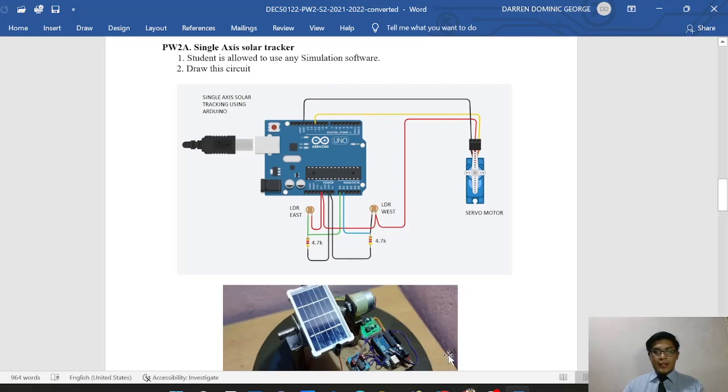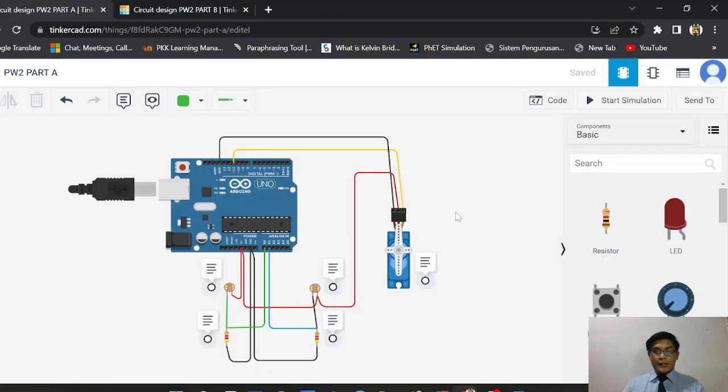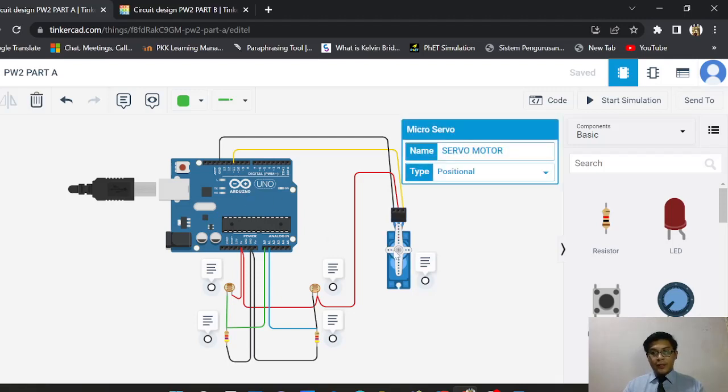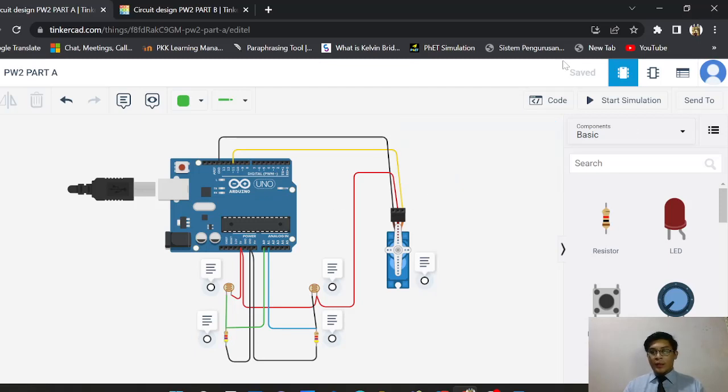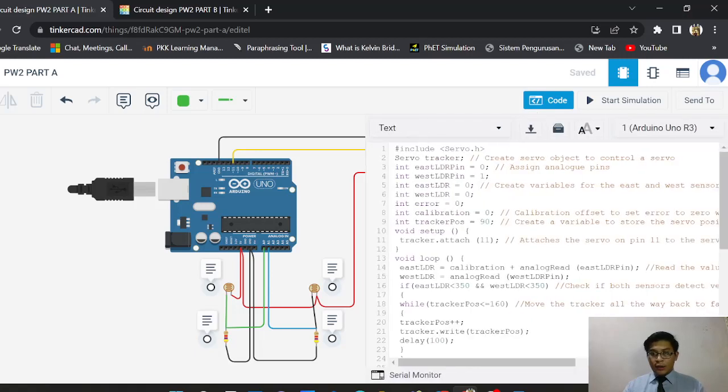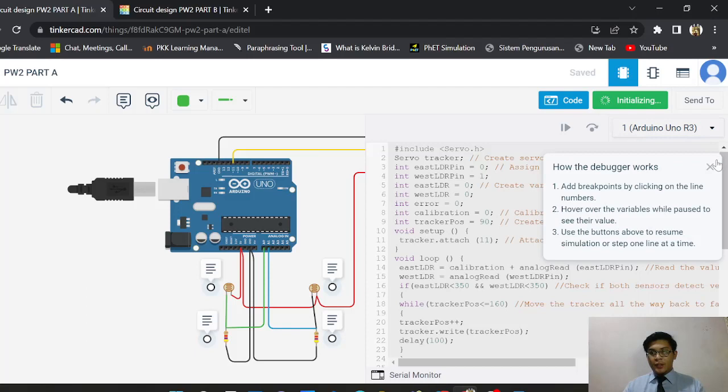So we see it here, and this is the PW2 part A. As usual, I'm using the Arduino, the micro servo, two photoresistors, and two 4.7 kilo ohm resistors. And this is the code that I use. So let's start the simulation.